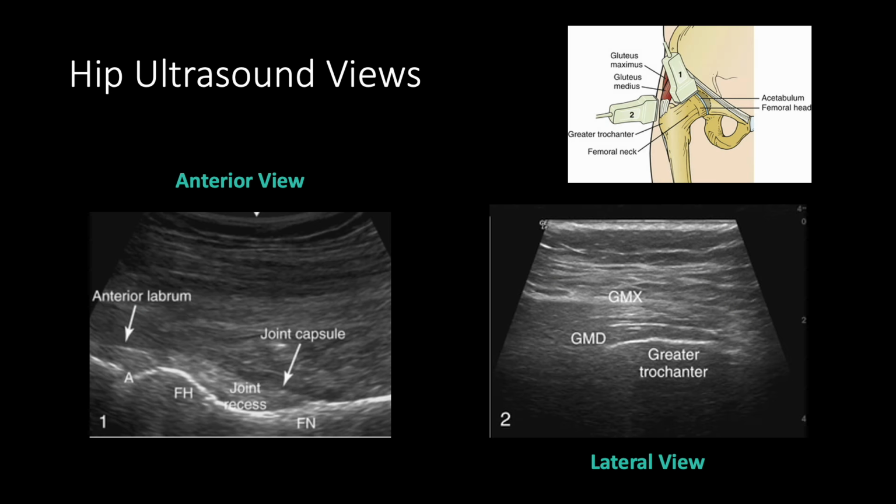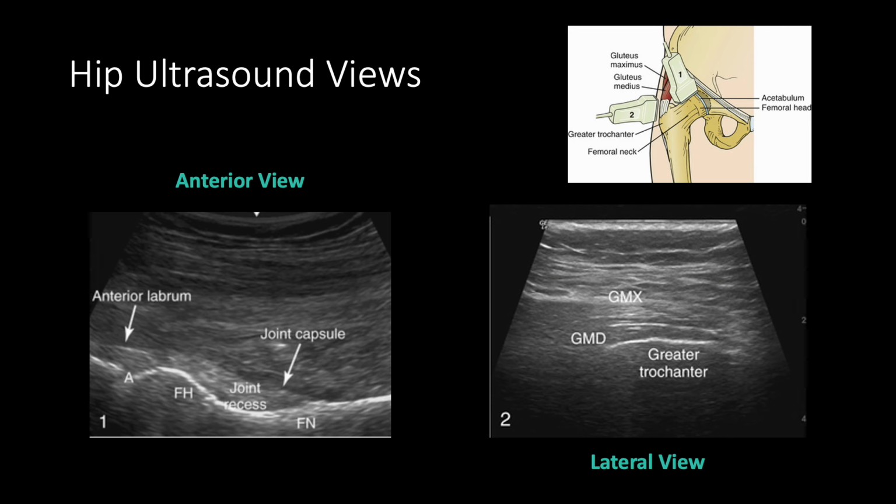Due to its deeper structure inside the body, there's really only two views that you have for your hip ultrasound. The first is an anterior view, which is placing the probe in the direction of the femoral head and the femoral neck, as it attaches into the acetabulum and the connections with the bony pelvis.